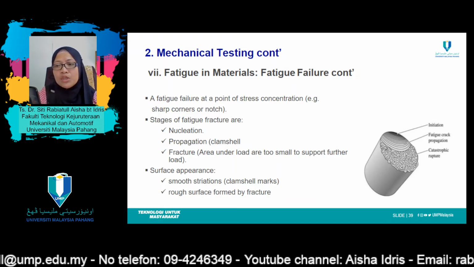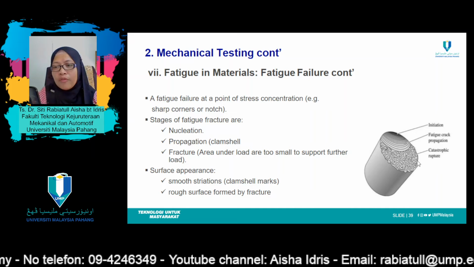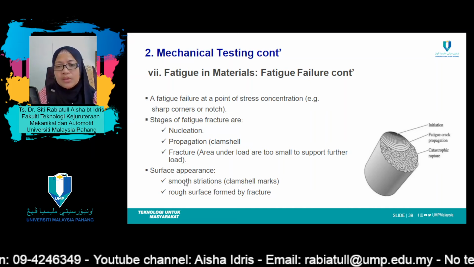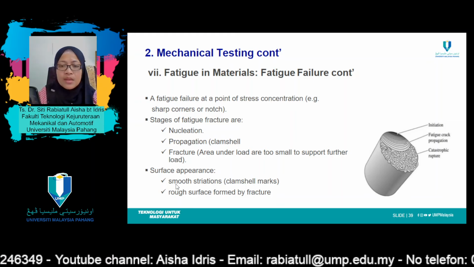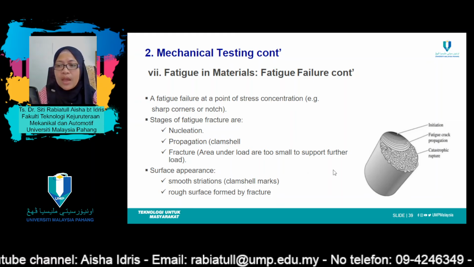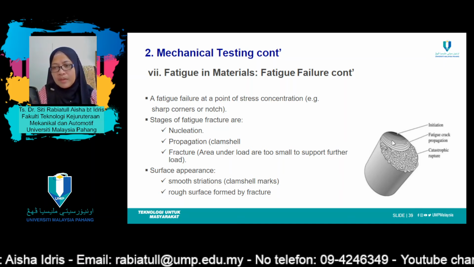After that, it starts to propagate, and finally leads to fracture over here. The surface appearance is also different. You can see there's a smooth striation or clamshell marks over there, and a rough surface formed by fracture. This one and this one.